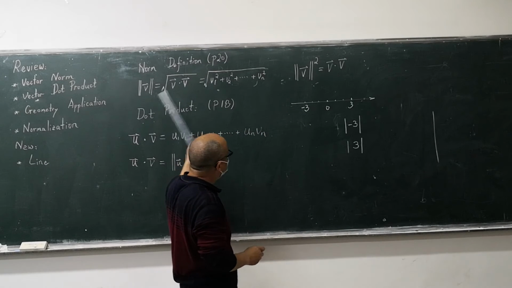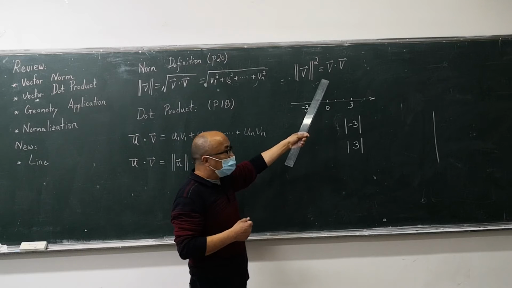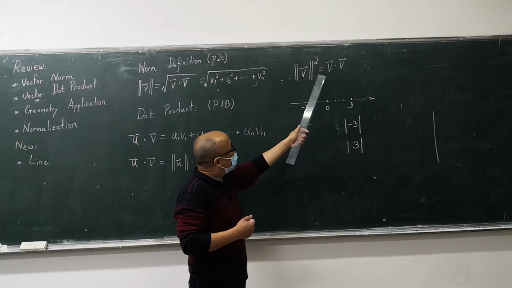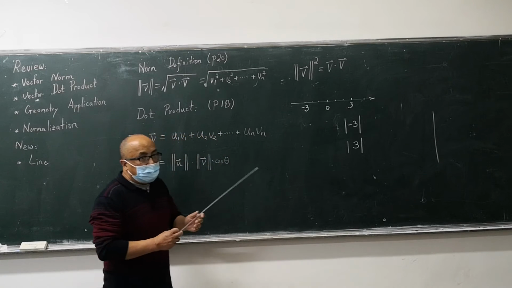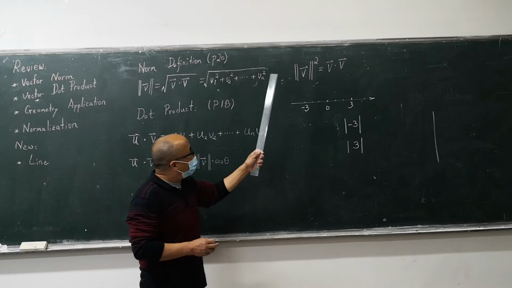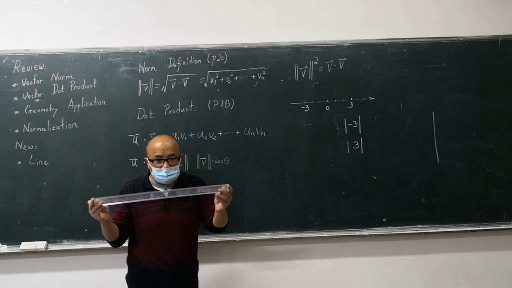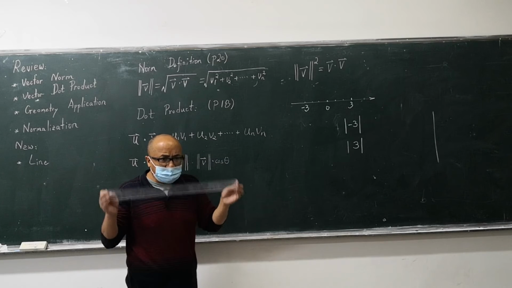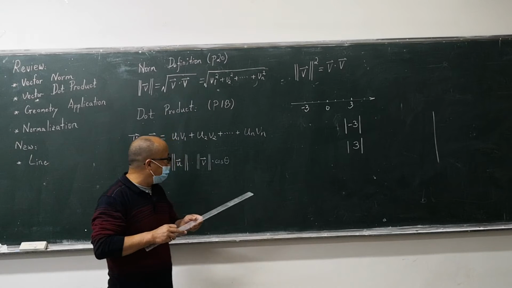This is the same thing. You will see it in the questions in a couple of minutes. You need to understand why the distance, the length squared, is the vector dot itself.